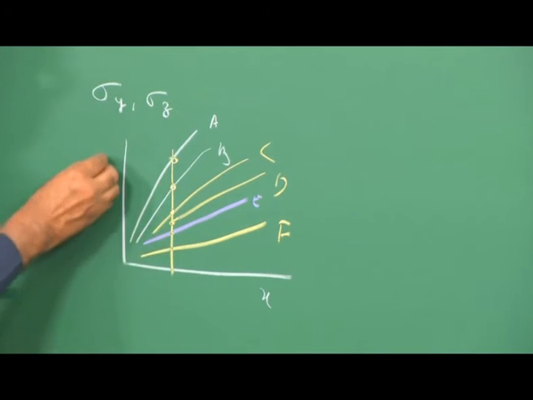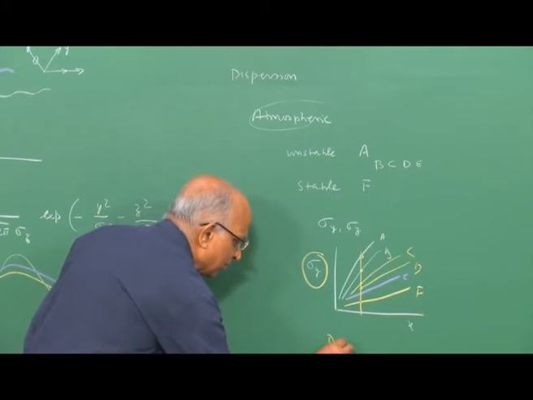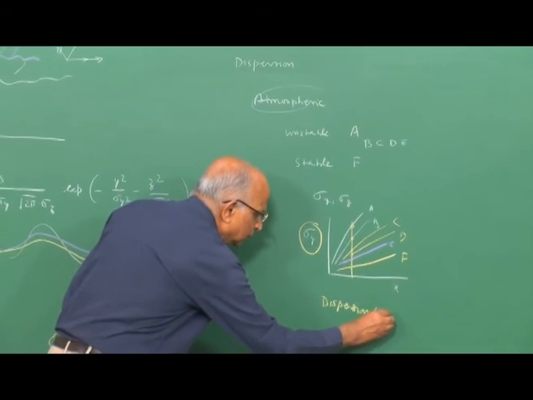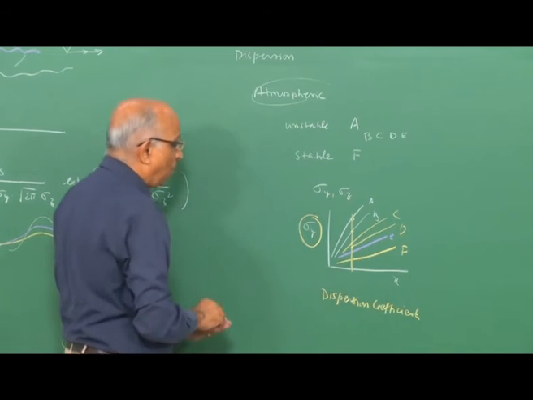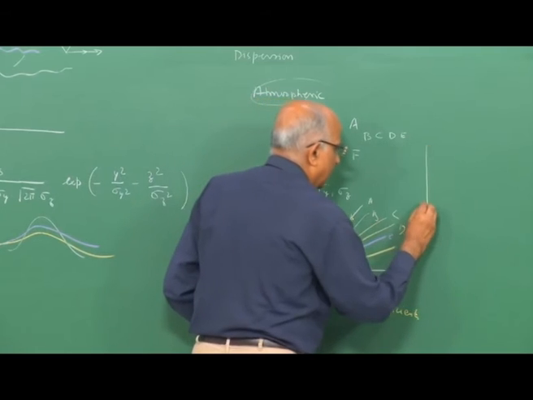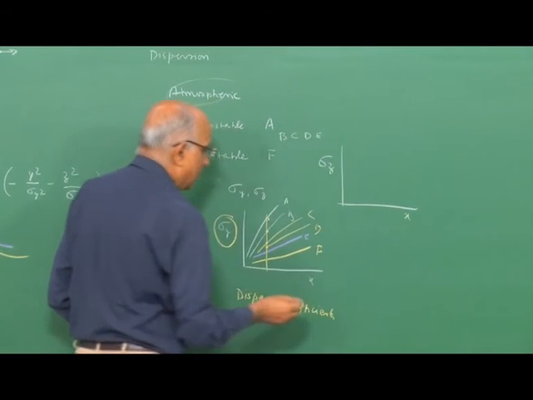These standard deviations, sigma y and sigma z, are known as dispersion coefficients. We determine the coefficient sigma y, and similarly we also determine the sigma z values, and these are available both as plots and as equations.